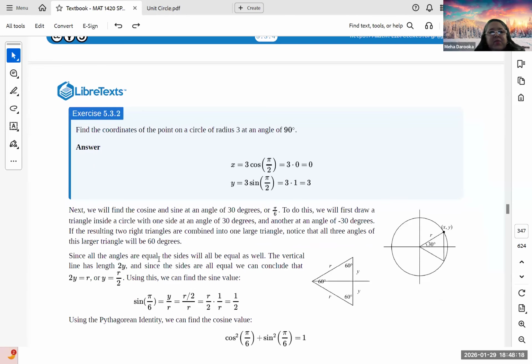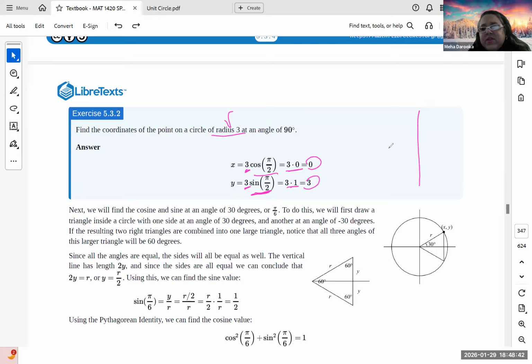you can see it doesn't matter what your radius is. You've got your radius of 3. So again, you do 3 times cosine of pi over 2, which is 3 times 0 will give you 0. For a radius of 3, sine is going to still be 1. So 3 times 1 will, of course, give you 3. So your x and y values will go up to 3.